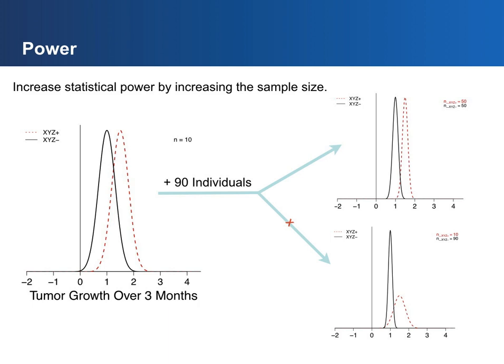Now we can just keep increasing the sample size, and the sample size in that XYZ positive group is going to increase as well, just more slowly. If we took 1,000 samples, then those distributions would be much more separated, and it would look a lot better. Even 500 probably would be sufficient.